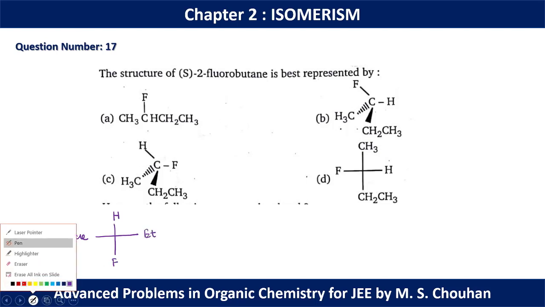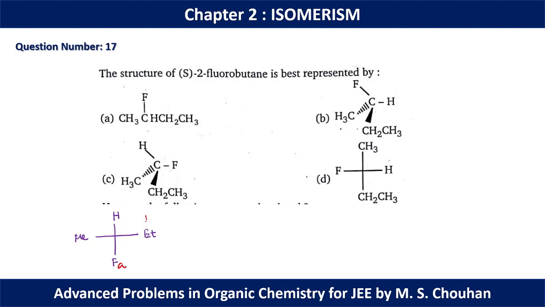Okay, now if we give the RS nomenclature to it, so A priority, B priority, C priority and D priority. So A to B to C is anti-clockwise rotation and D is in the vertical position. So this is the S configuration. So option C should be the correct option.